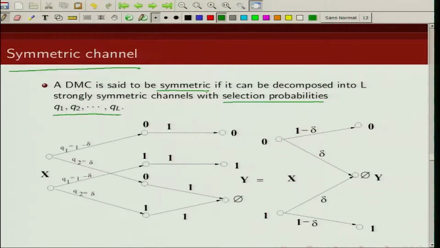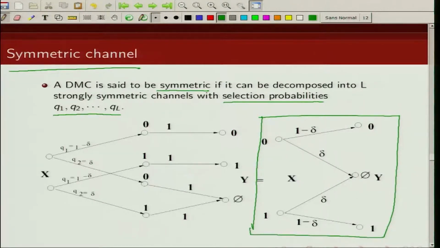So look at this particular channel. Is this a strongly symmetric channel? This is not a uniformly focusing channel.